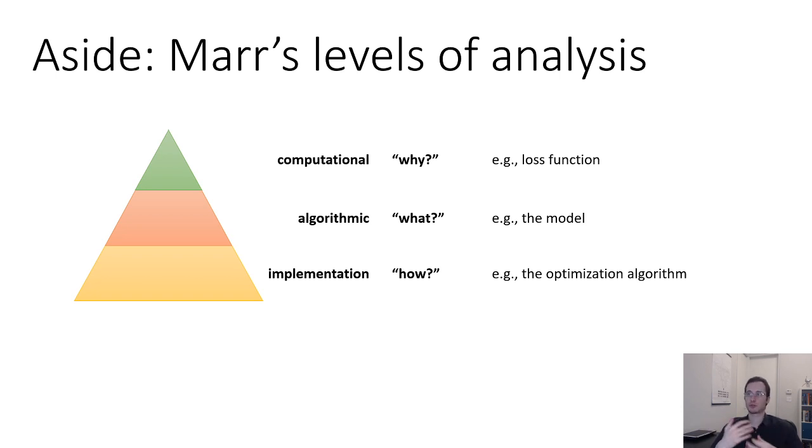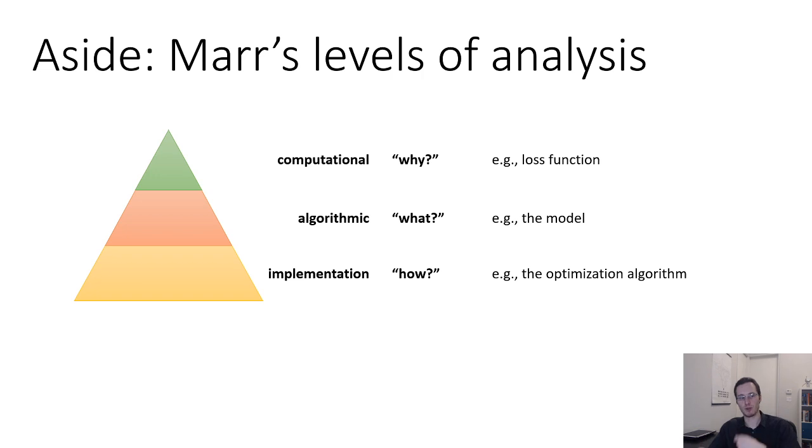The reason that we like to draw these distinctions is because when we have these different levels of analysis, it can help us compartmentalize our thinking. It can help us to build abstractions so that we can solve the problems in isolation. Essentially, if you recognize that the optimization algorithm is a separate problem from the choice of loss function, then you can design optimization algorithms that are general that can be used with any loss function.